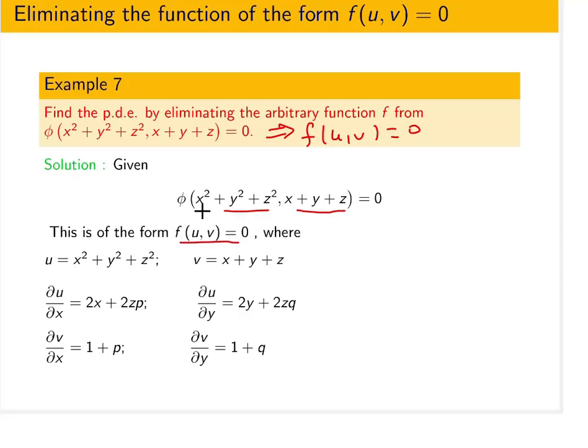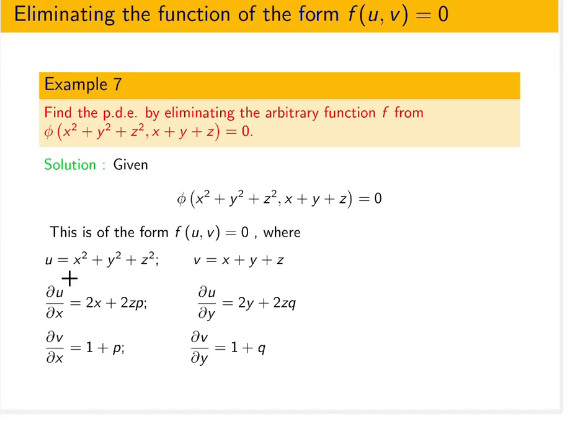Here we take this as u and this as v. Therefore, u is equal to x square plus y square plus z square and v is equal to x plus y plus z. The first derivatives with respect to x and y are needed in the further process.